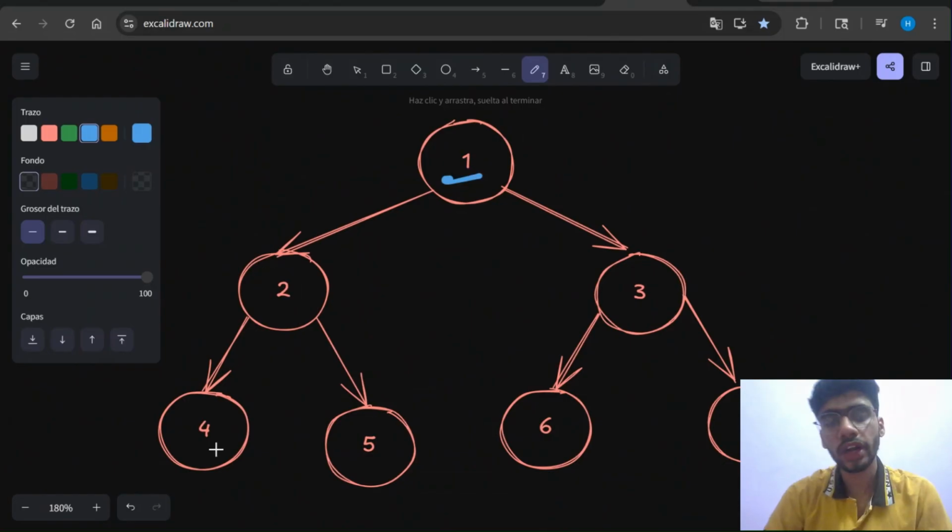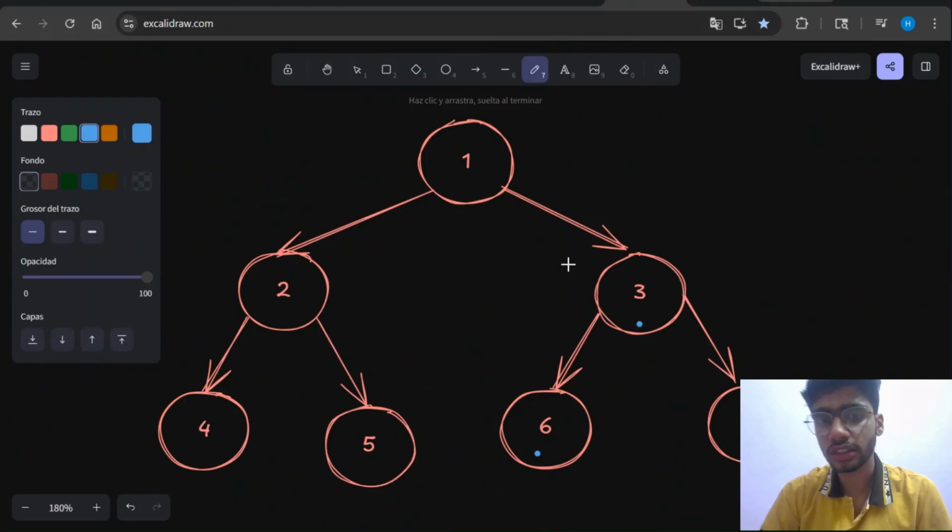Similarly, 5's ancestors are the nodes above, which are 2 and 1. 6's ancestors are 3 and 1, and 7's ancestors are 3 and 1. 3's only ancestor is 1.